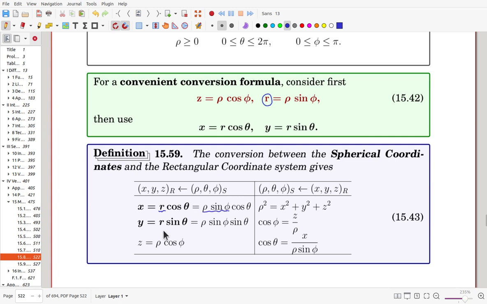Now y is r sine theta, and r is replaced again by rho sine phi. And already we know that z is rho cosine phi. So that is the conversion formula.